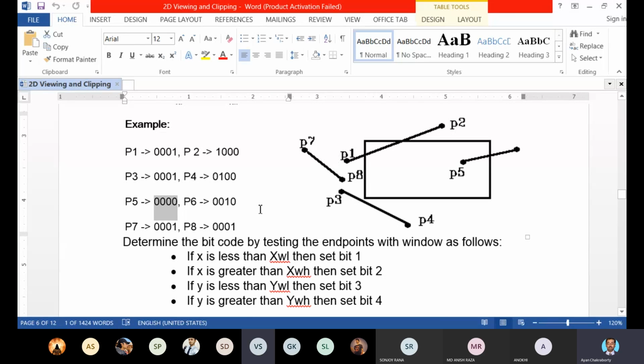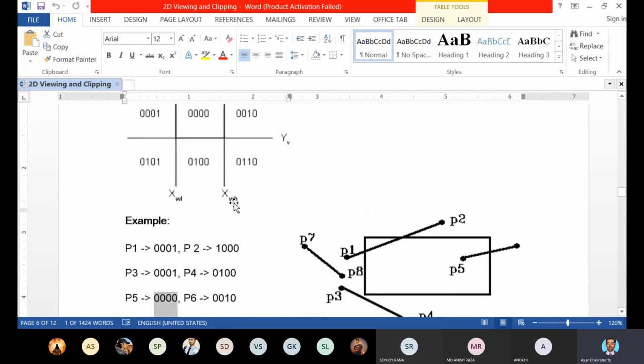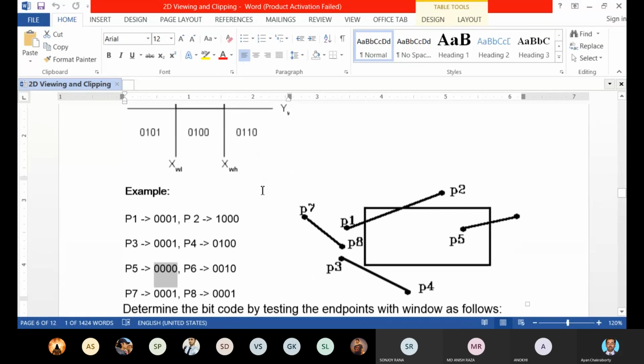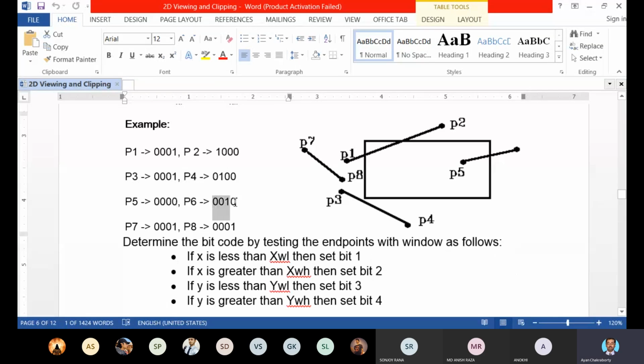As per the region code for the East region, that is 0010, P6 has been denoted by 0010. Now P7. P7 is Northwest, again in the west region, so 0001.